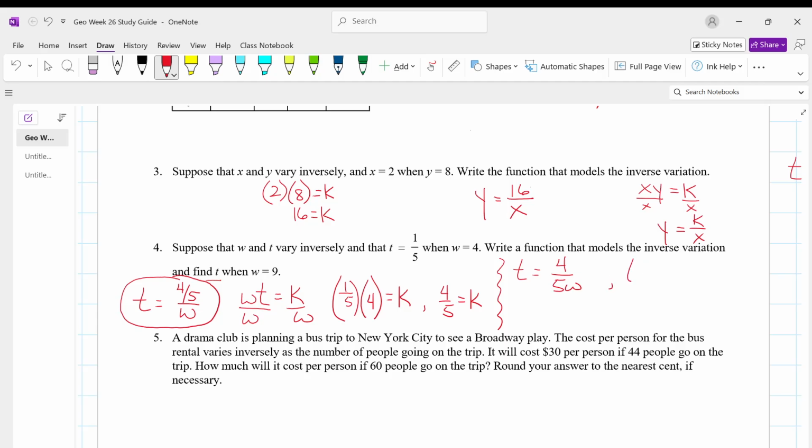So we take T is equal to 4 over 5 times 9, which is 4 over 45. So this is your function, and this is your T when W is equal to 9.